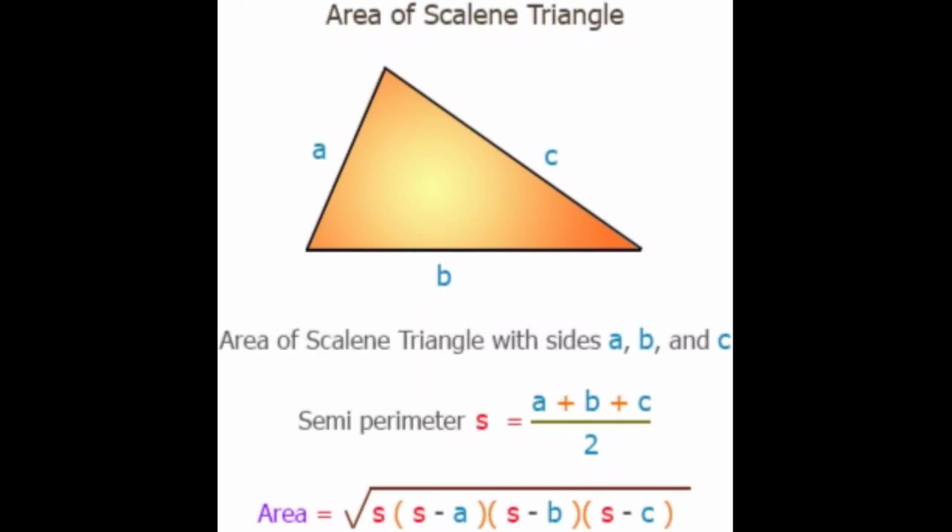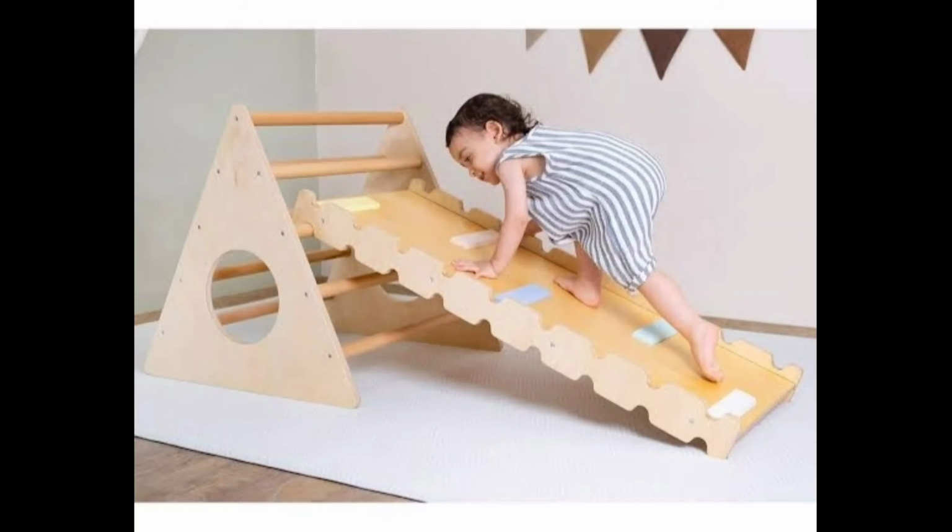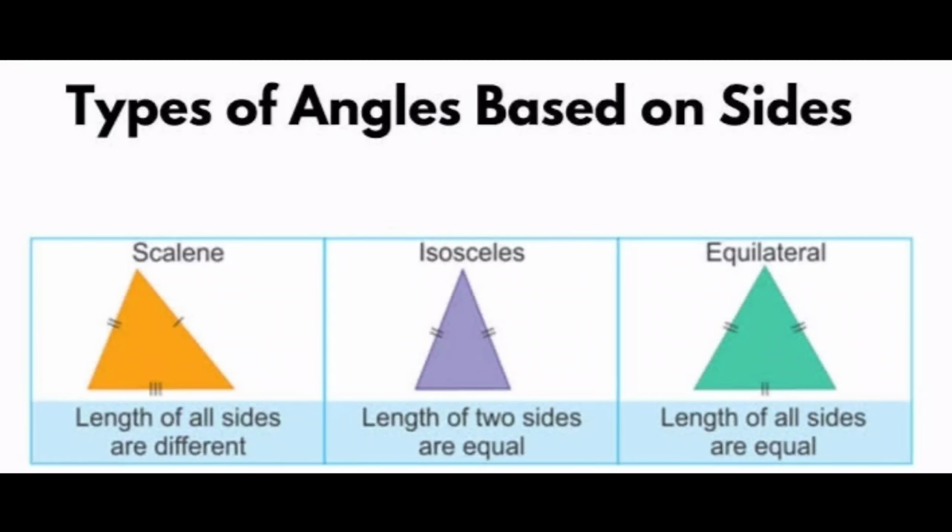So area is equal to under root s into s minus a into s minus b into s minus c, where s is equal to a plus b plus c divided by 2. The example of scalene triangle is ramps. So this is the information about triangles based on sides.